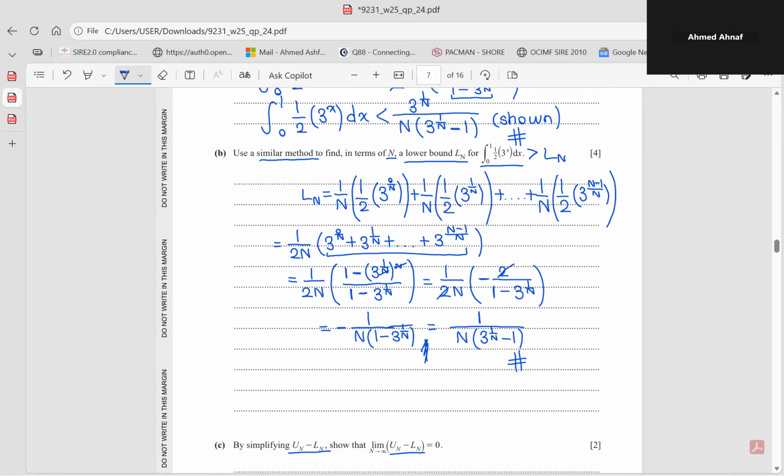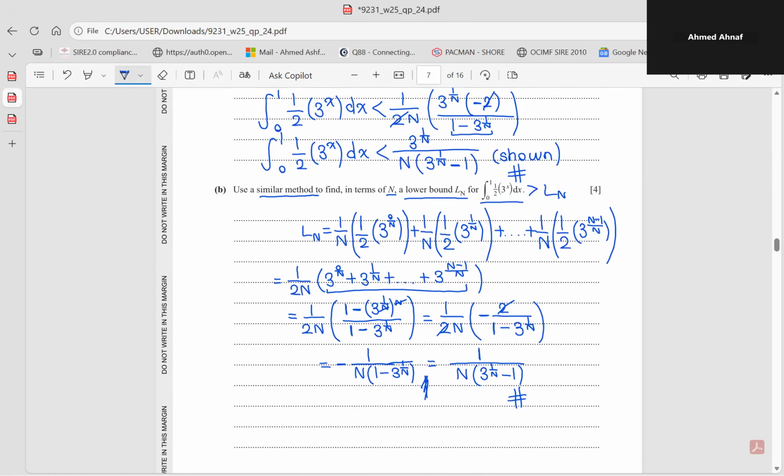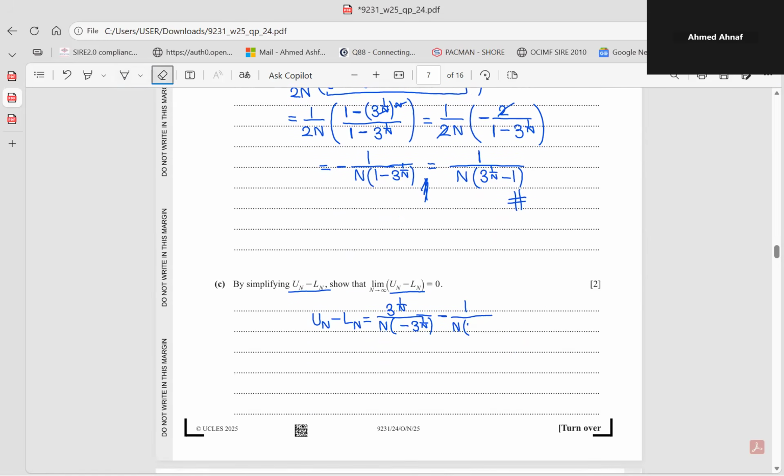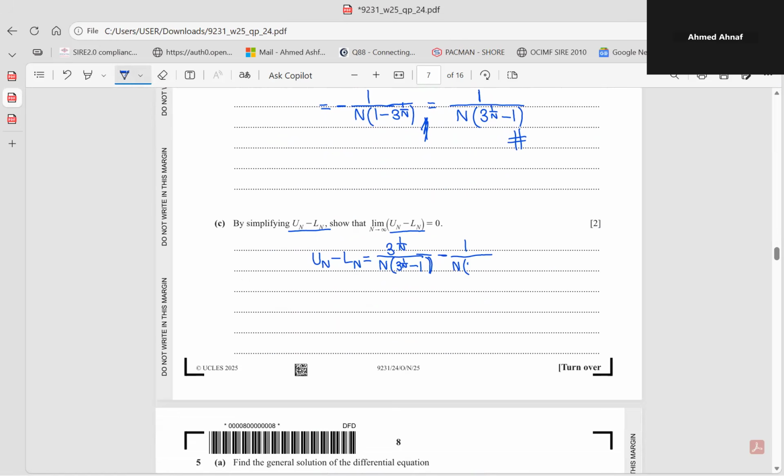So u subscript n is 3 to the power of 1 over n times 1 minus 3 to the power of 1 over n minus 1 over n times, sorry, I switched the terms, 3 to the power of 1 over n minus 1, minus 1 over n times 3 to the power of -1 minus 1.